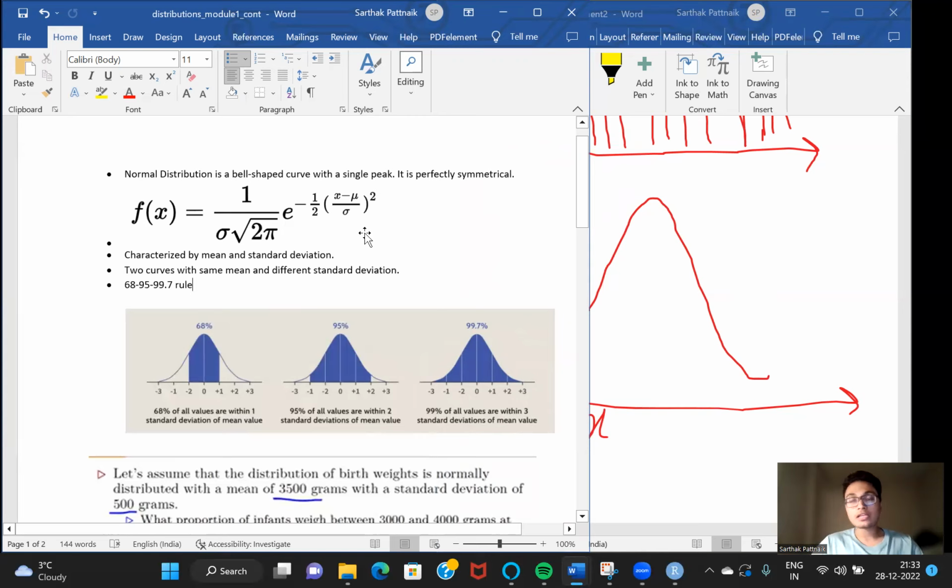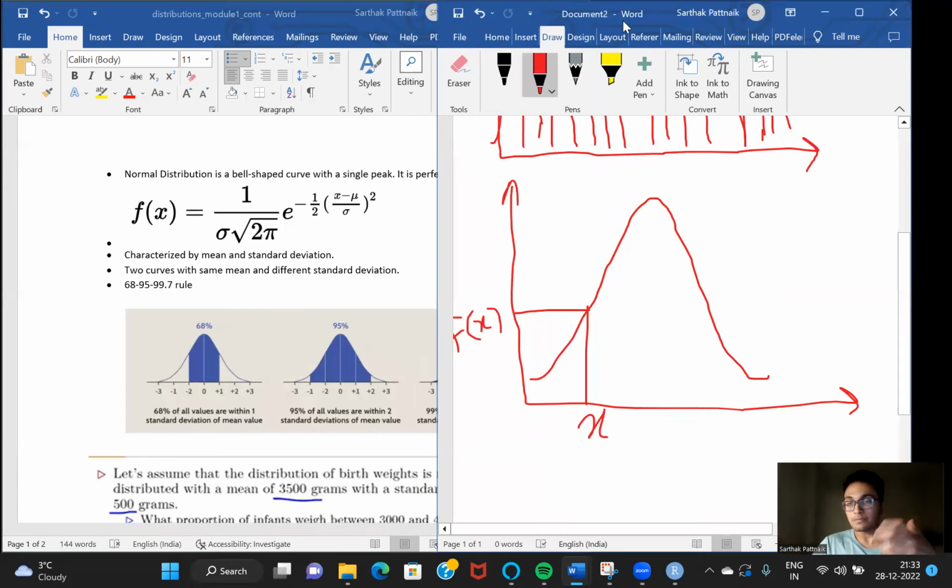From the formula itself, you can clearly see that the normal distribution is driven by the mean and the standard deviation. Often we find multiple curves in our real world data sets. Because these curves are driven by mean and standard deviation, we'll look into these two aspects in a little more detail.